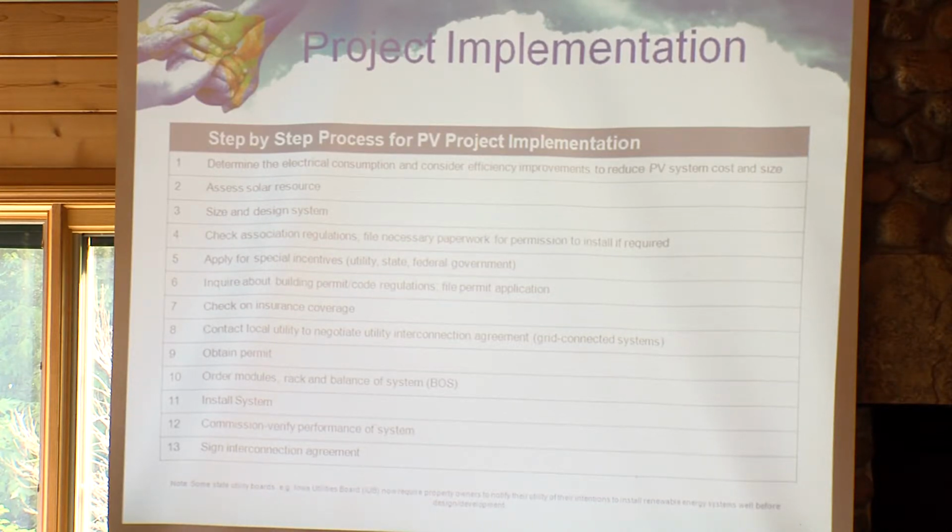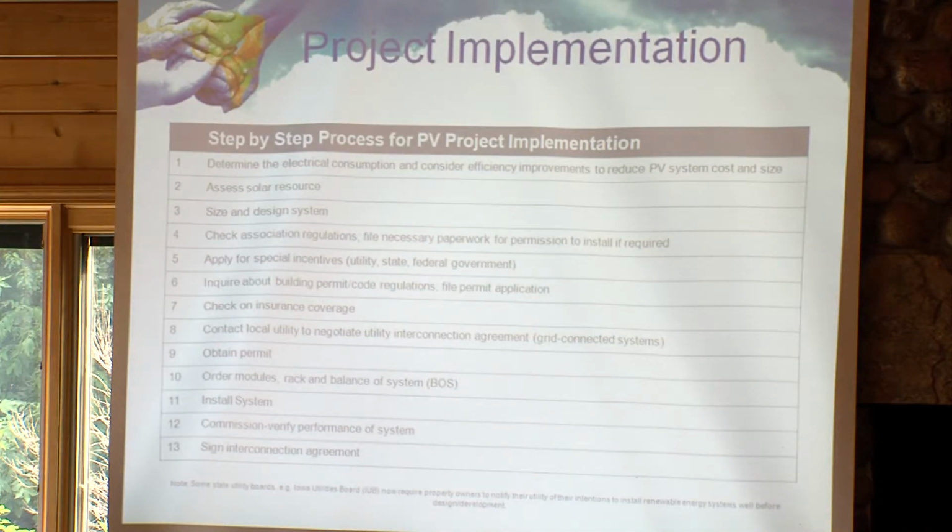It has to be commissioned, and the utility company does the commissioning for you. Essentially, commissioning is to verify that the owner is getting what they paid for and that the system is working properly. Why would we avoid that step? Very important step. And then you sign the interconnection agreement, and then you can sit back in your recliner and order some more videos on Netflix because you have more money in your pocket now that you're saving all that electricity.